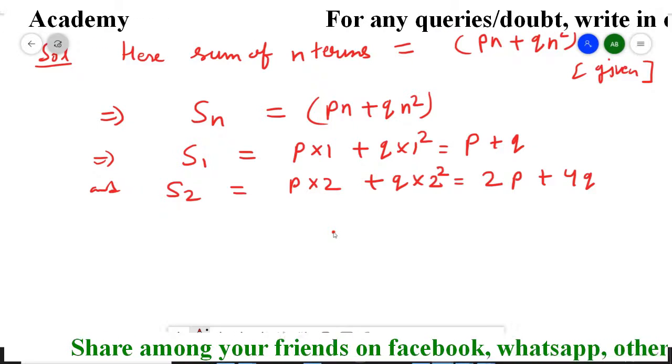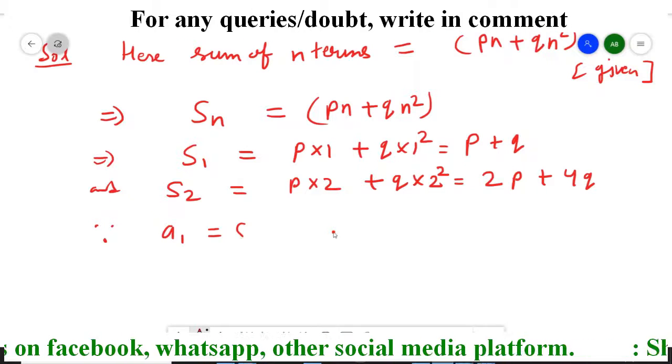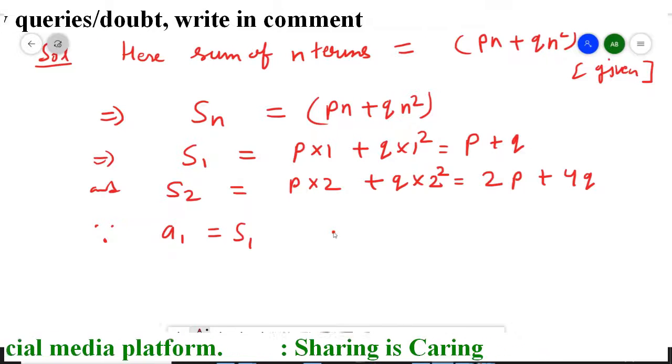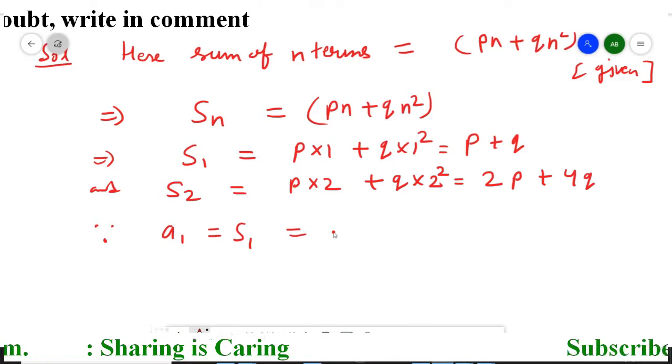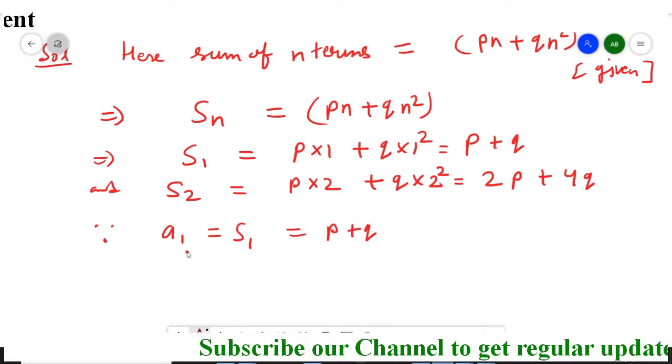Firstly we will write here, since A1 is S1, that you already had in your 10th class, that is the first term is itself S1. So we get the first term as P plus Q, and it's a very important result.